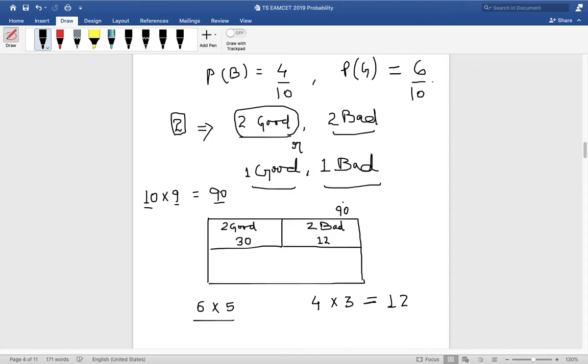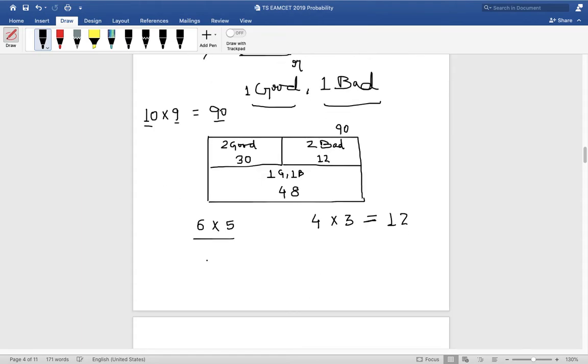But we know that the total is 90, in which we can choose either 2 good, or 2 bad, or 1 good and 1 bad. So this will be the third one, 1 good and 1 bad. How many ways? 30 plus 12 is 42. 90 minus 42 is 48.